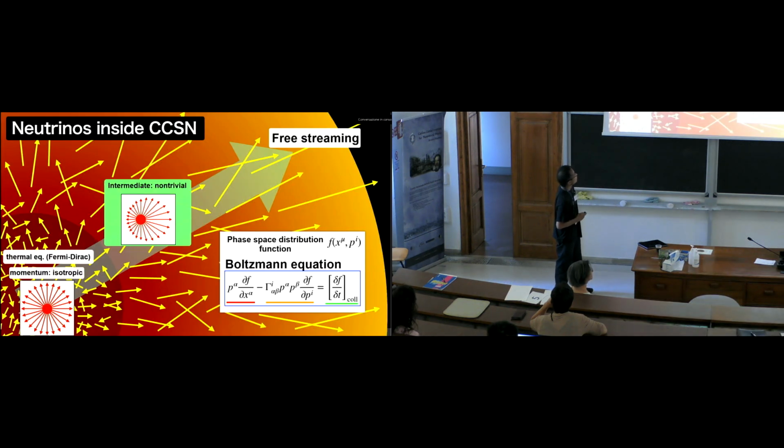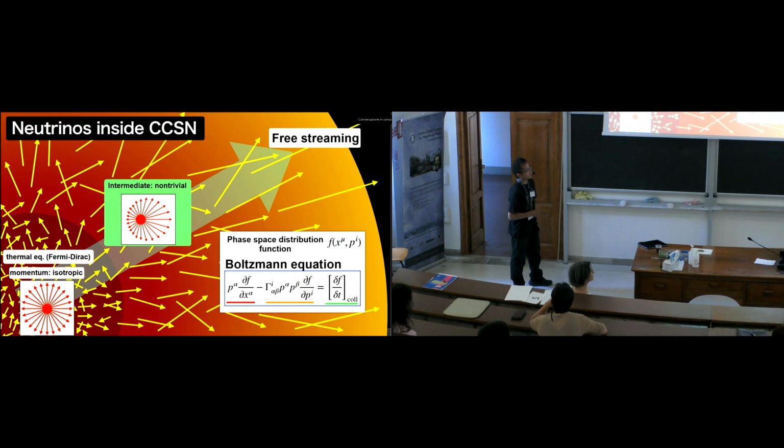So I will go into the Boltzmann neutrino transport method. This is the schematic picture of the neutrinos in core-collapse supernovae, and the yellow arrows denote the neutrinos. Short arrows mean that the mean free path is short, and long arrows mean that it is close to free streaming. At the center, the neutrinos are most likely to have an isotropic distribution, and the energy distribution will be close to the Fermi-Dirac distribution.